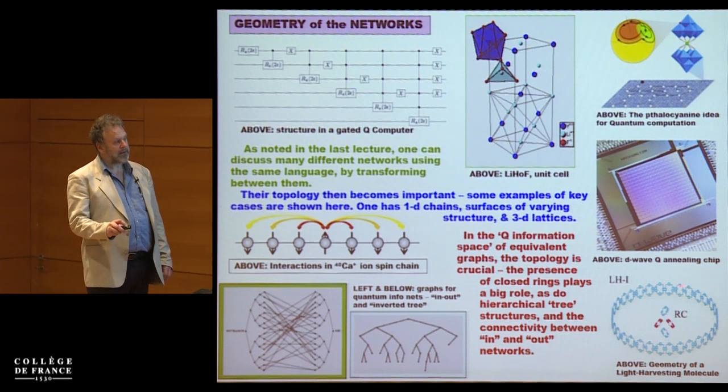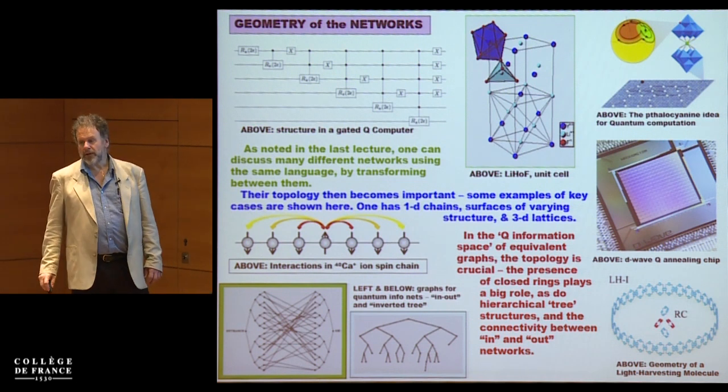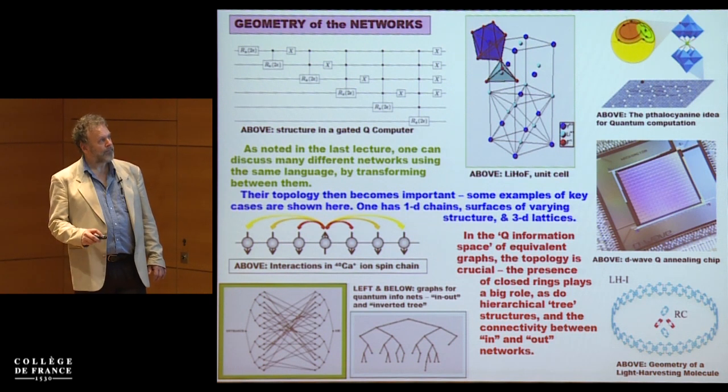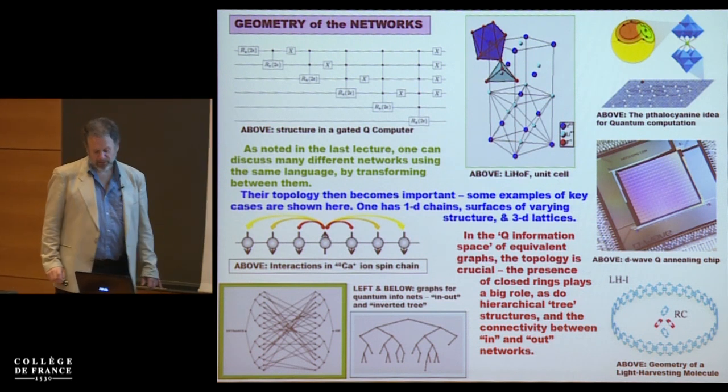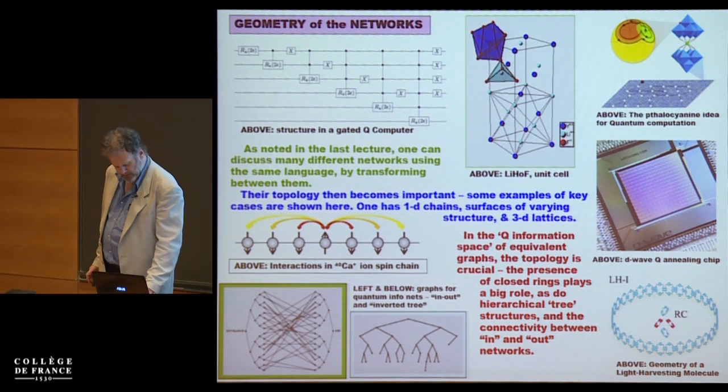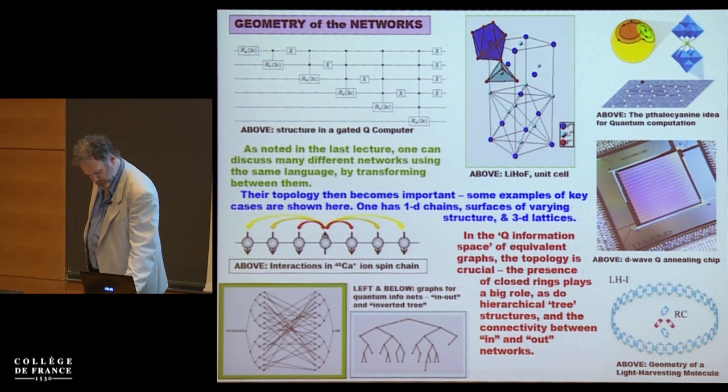It's the ring molecules that exist inside a light harvesting molecule. And then here are some ideas for quantum computation. This one is the one favored by some people working in magnetism. It uses the phthalocyanine molecule. And this is not a quantum computer, it's the quantum annealing system used by D-Wave, which is sometimes called an adiabatic quantum computer.